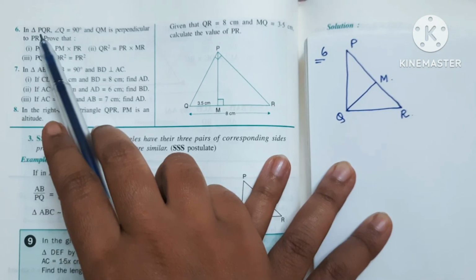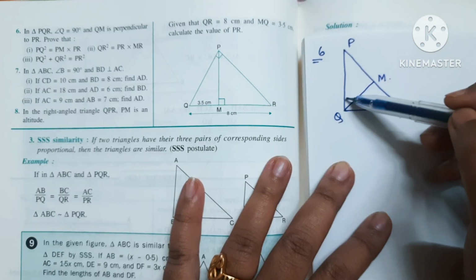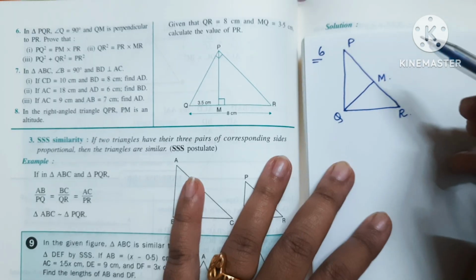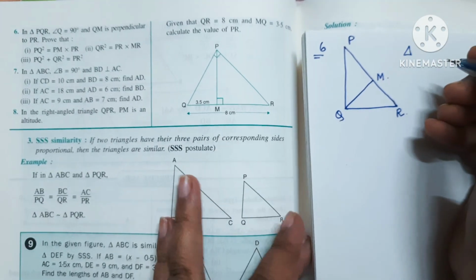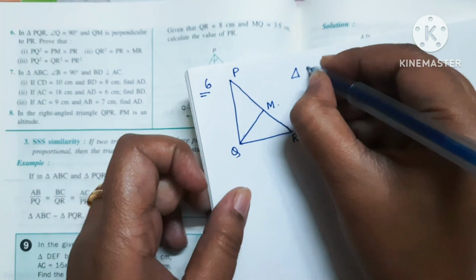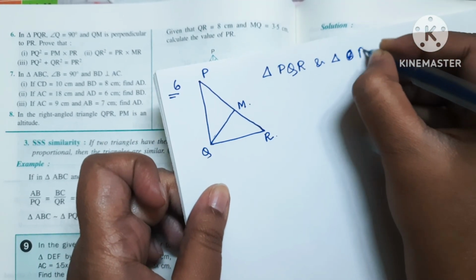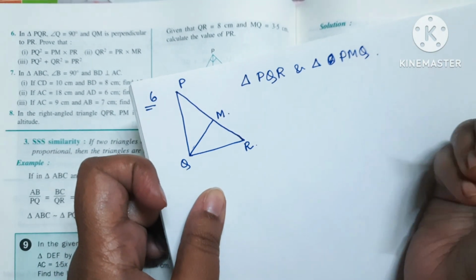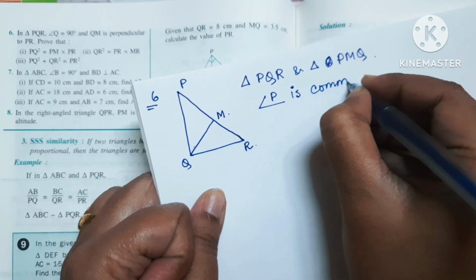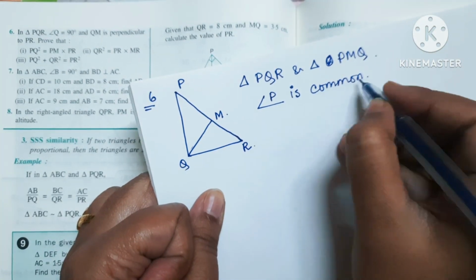See, question number 6. In case of PQR, PQR is a triangle where angle PQR, angle Q, this angle is 90 degrees and QM is perpendicular to PR. Now, if you consider triangle PQR, the bigger one, and PMQ, in case of these two triangles, angle P is common.